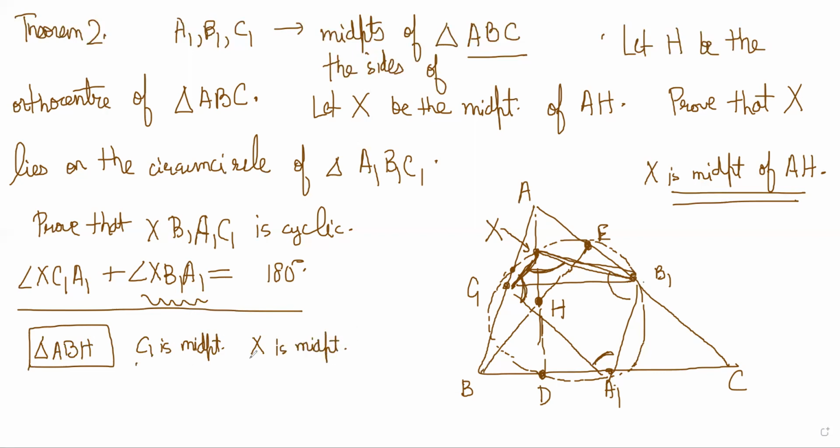That means that XC1 is parallel to BH, and it's also half of BH.